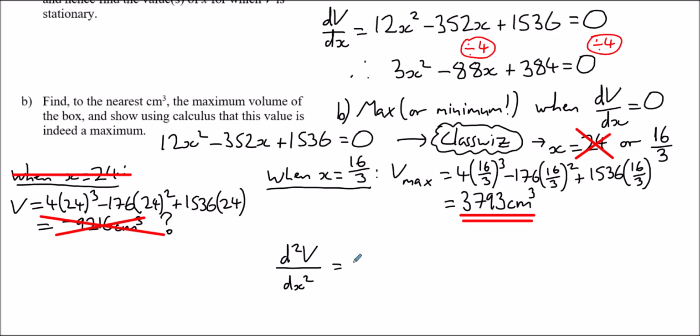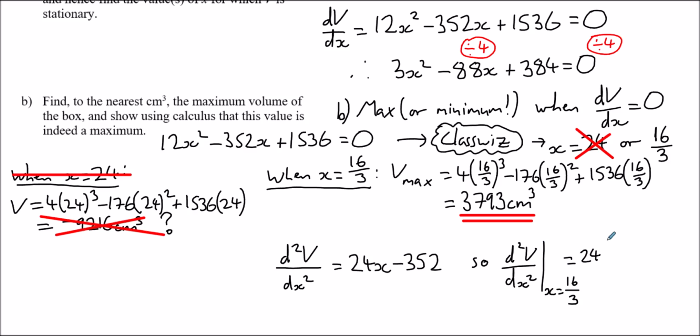So 12x squared becomes 24x, minus 352x just becomes minus 352. 1536 vanishes. So because of that, the value of d squared v over dx squared evaluated when x is 16 over 3 is going to be 24 times 16 over 3 minus 352.